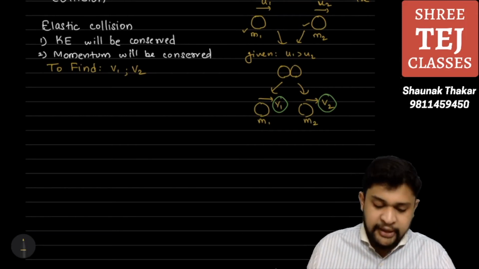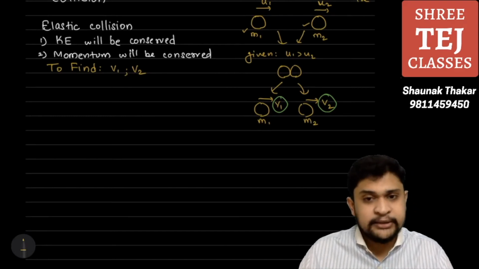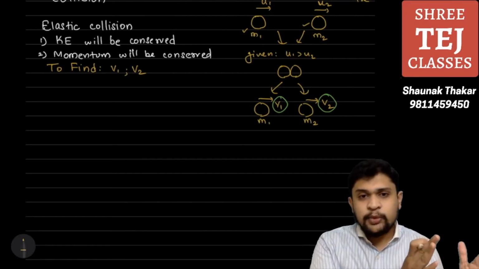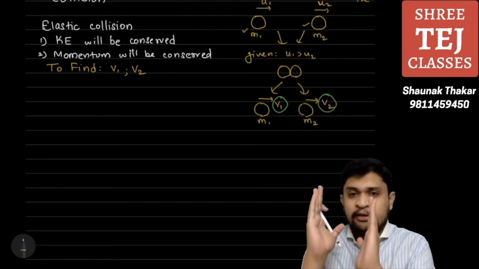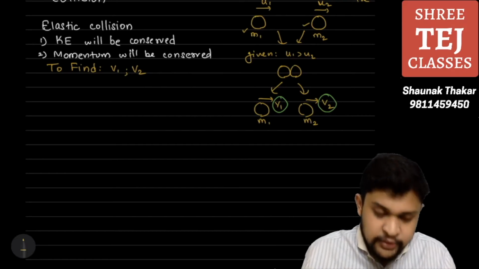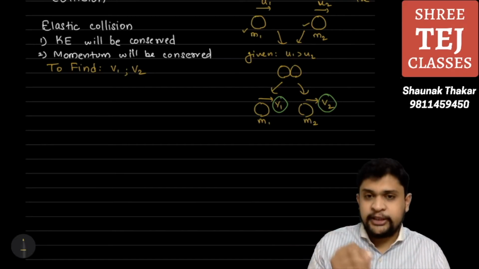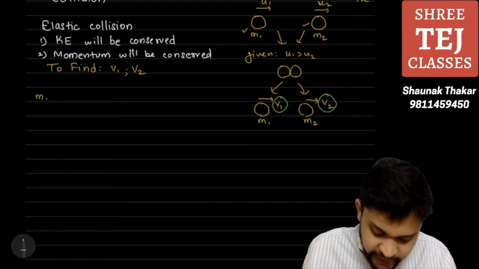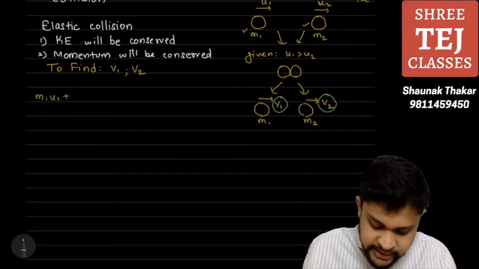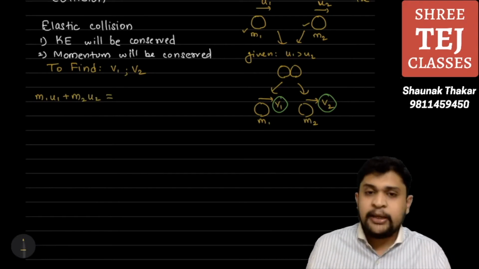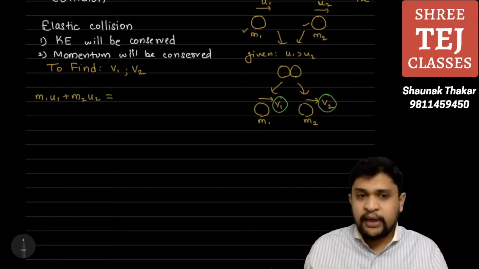First write the statement for momentum being conserved. As momentum is being conserved, total initial momentum will be equal to total final momentum. What is total initial momentum? It will be momentum of object 1 plus momentum of object 2. So m1 u1 plus m2 u2, and this will be equal to total final momentum.